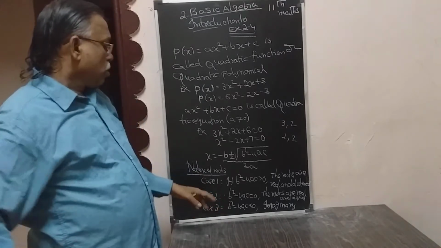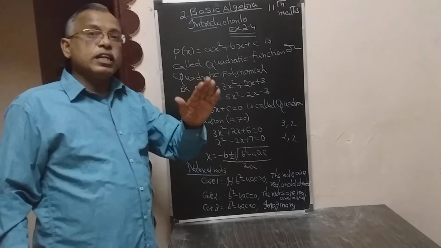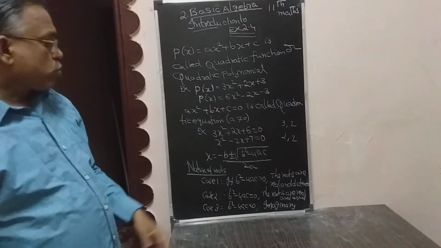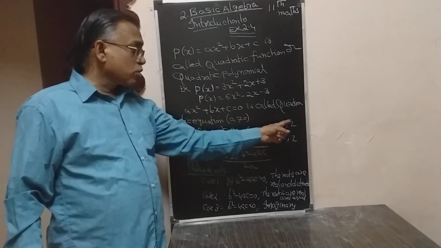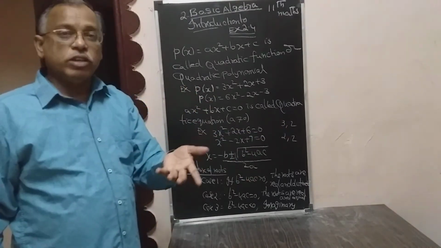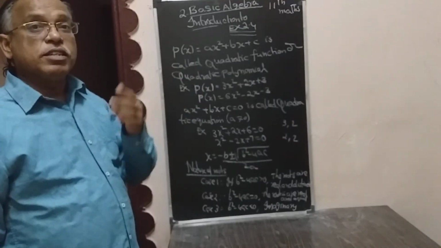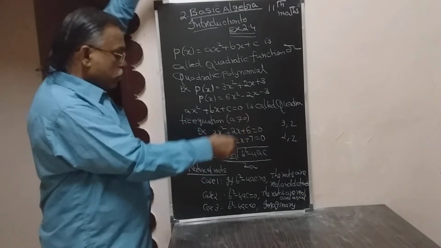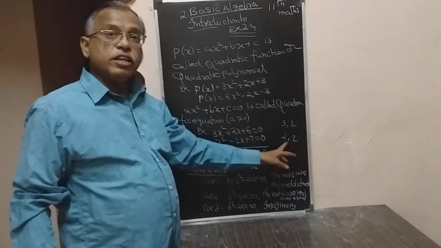So if b square minus 4ac is greater than 0, the roots are real and distinct. That means if this is greater than 0, you will get two distinct roots and also real roots. Real numbers, the roots. That is the meaning of real and distinct. Suppose if b square minus 4ac is equal to 0, then the roots are real and equal.